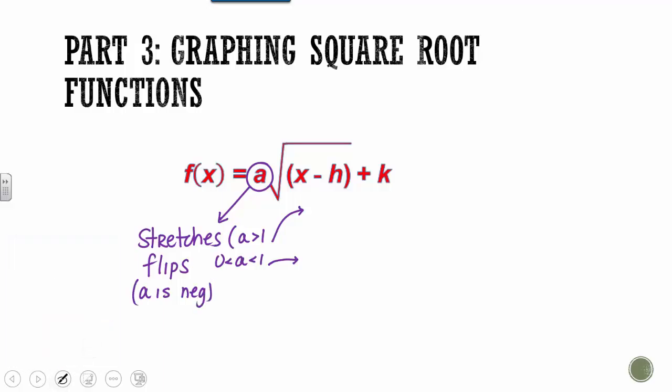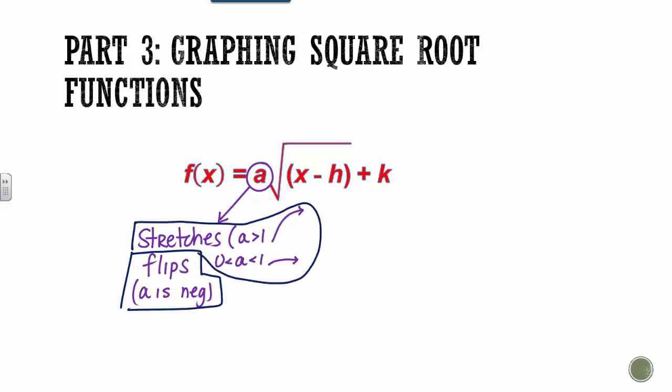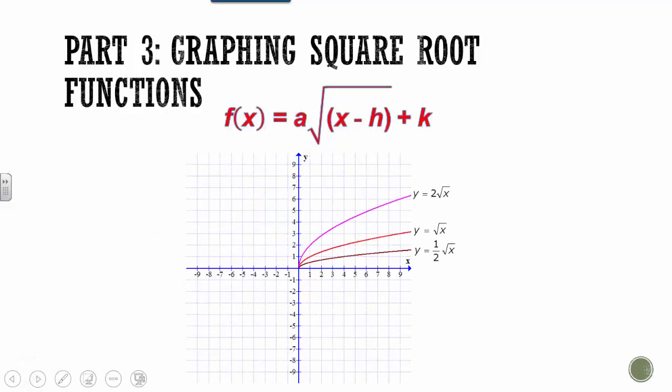So I know this is all kind of jammed here. Flips it if a is negative. Stretches it depending on what your a looks like. So let's take a look at what that looks like on this next slide here. So this is the a part. This, remember, is your original function, y equals the square root of x.